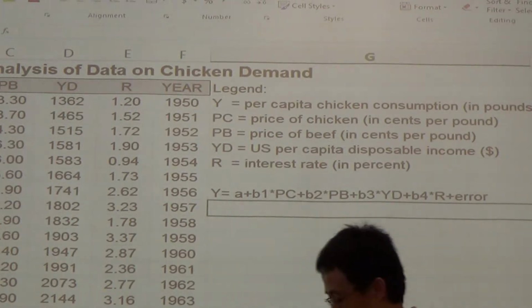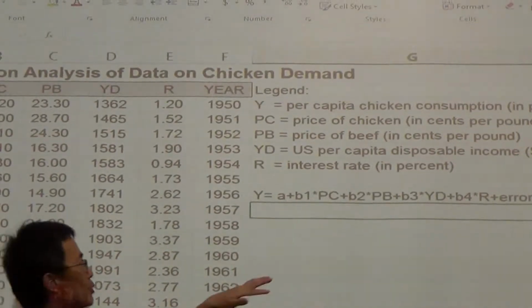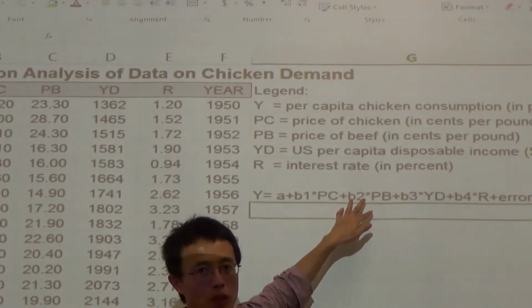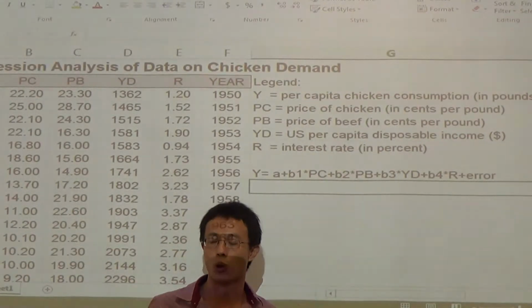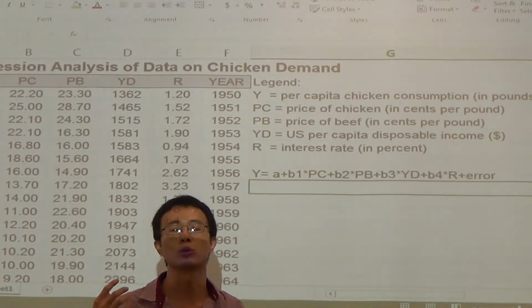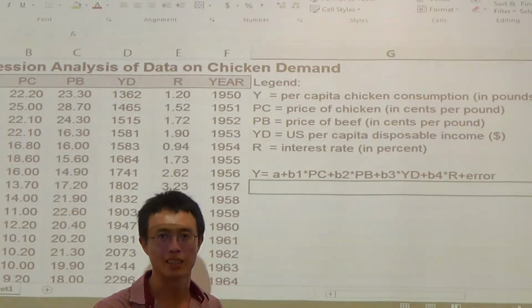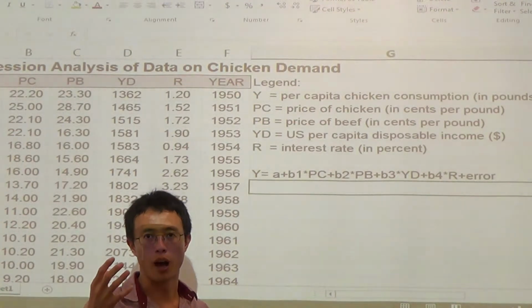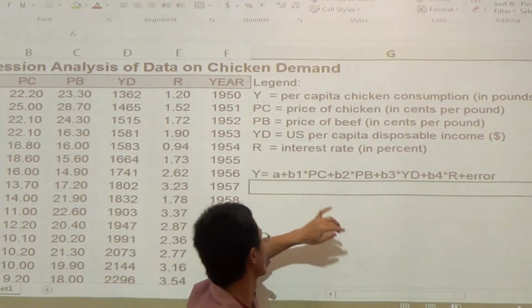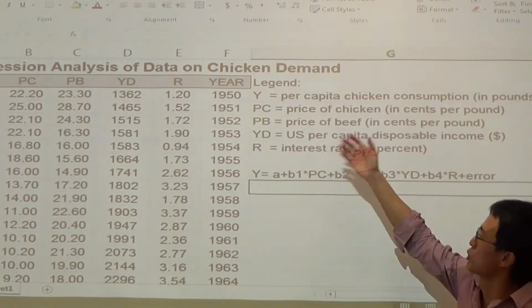Okay, one thing you've got to be very careful about here is that when you are deciding what independent variables you're going to use, you need to exercise your intuition, or you need to use your economic knowledge to decide which variables enter into your regression equation. So clearly, what is the quantity of chicken consumption?